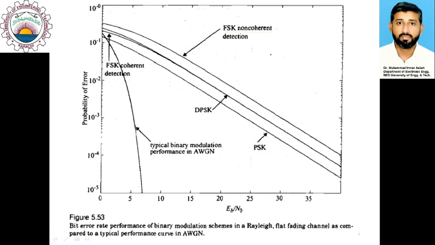However, you must note that these are not the only characteristics of the system, as I previously mentioned, there are certain other parameters that need to be considered when we are designing a system. For example, non-coherent FSK has the simplest receiver and the simplest implementation because it does not require any type of synchronization circuitry.